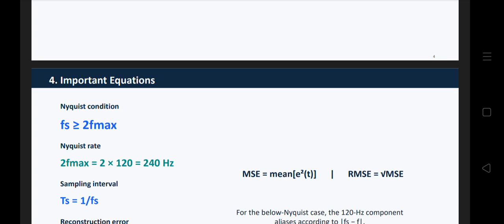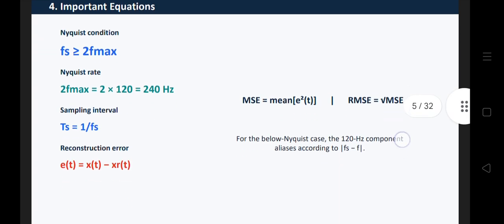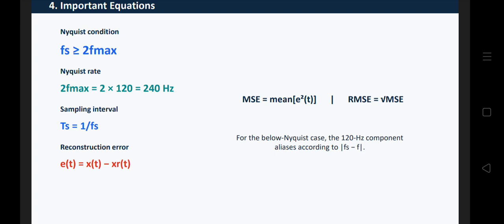The three sampling frequencies selected are therefore 400 Hz, 240 Hz and 180 Hz. And the sampling interval Ts is equal to 1 by Fs. I also calculate the reconstruction error as the difference between the original and the reconstructed signal.